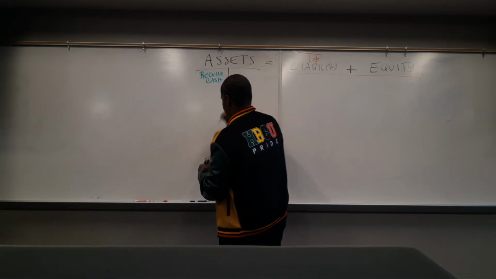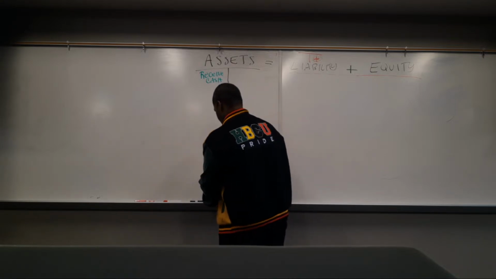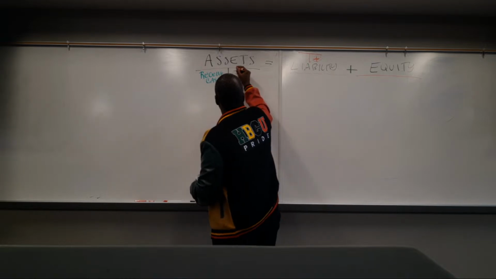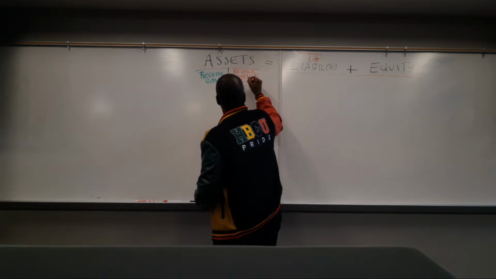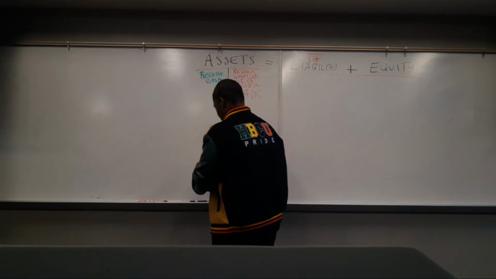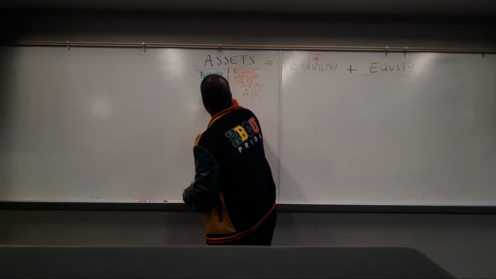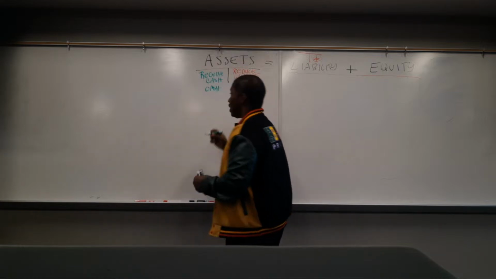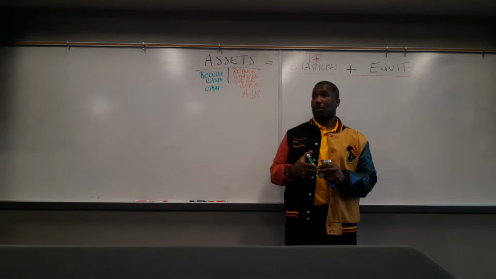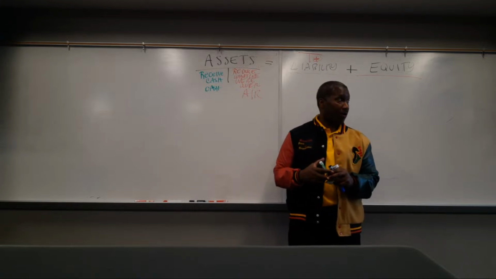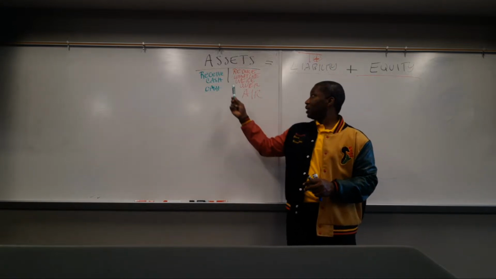And we also reduced what we were owed. This is accounts receivable. This is cash. Both of these are current or non-current assets? Current, that's correct. Both of these are current assets, okay? This is our journal entry.